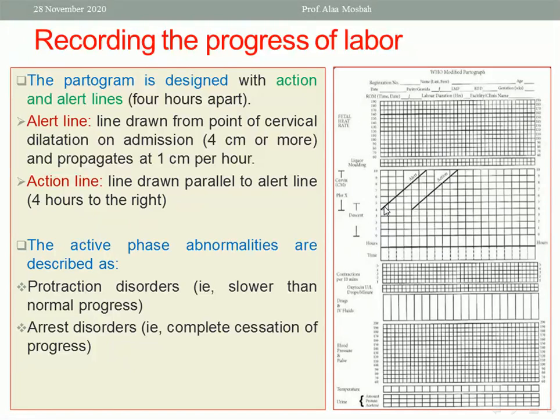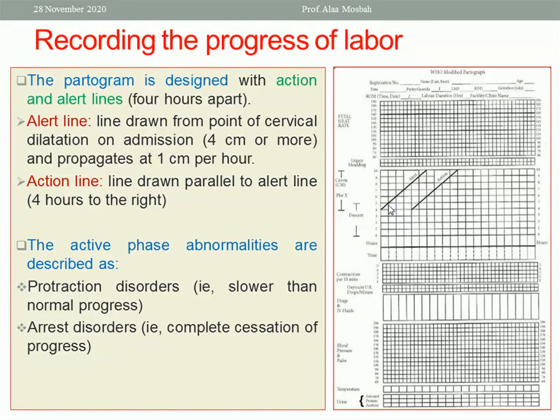Then, at a distance of 4 hours to the right of this alert line, you will draw a parallel line called the action line. This is before you record any parameter as regard cervical dilatation or descent of the head. So we will draw the alert line and the action line, and we know now how to draw it.